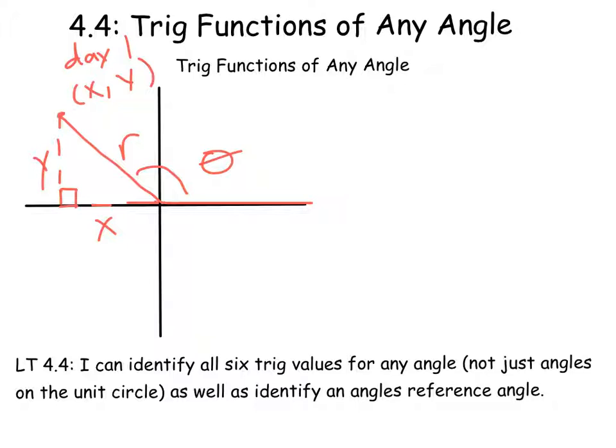There's a right triangle that really is related to our angle. All those measurements are going to be unique to this angle theta. So what we really have to do is just switch the terminology.